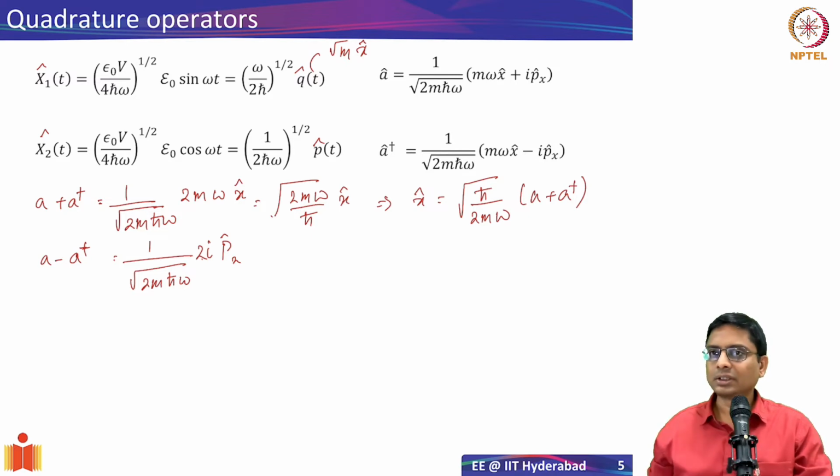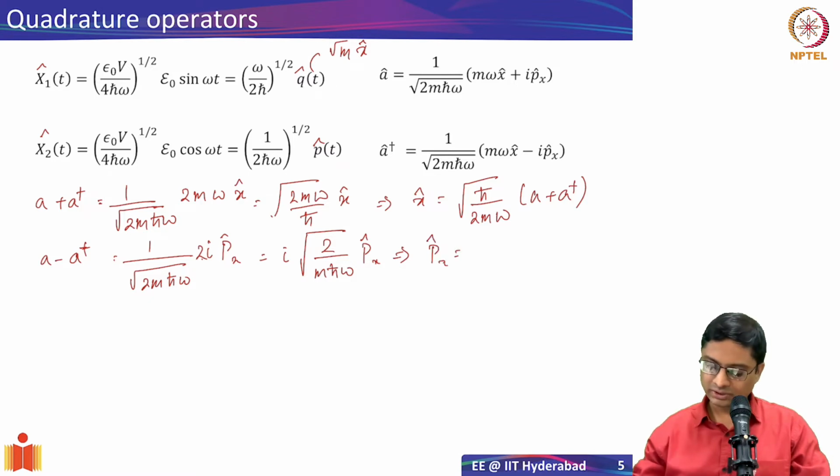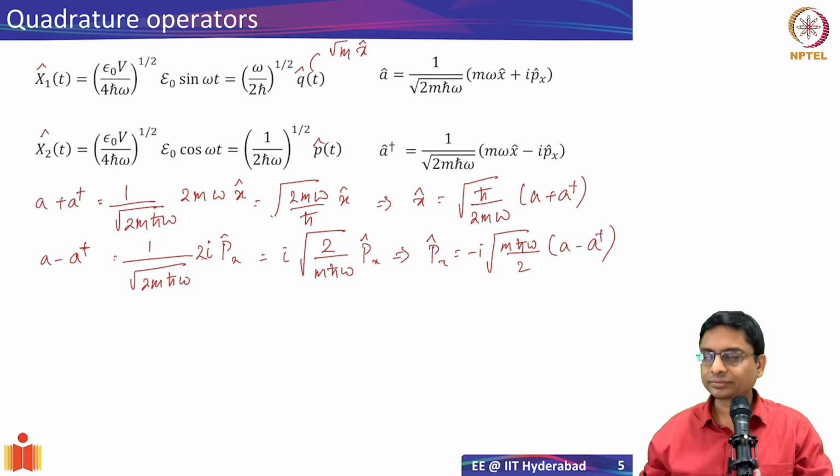The 2 will go out, so I'll be left with i times the square root of 2 by m h cross omega into p cap or px cap. That implies my px cap is going to be, taking it to the other side, minus i times the square root of m h cross omega by 2 into a minus a dagger.